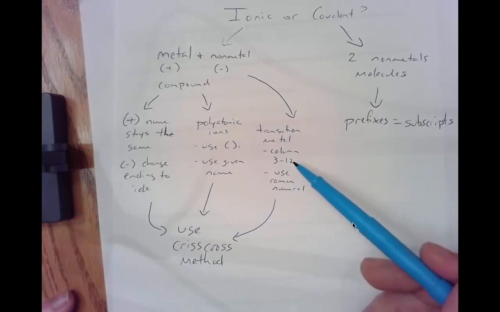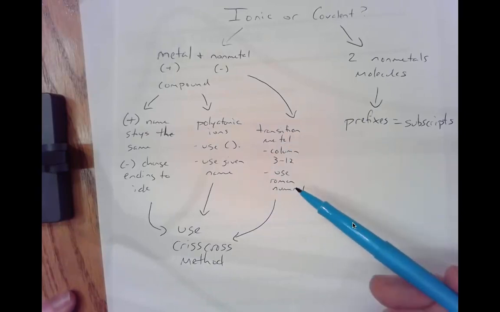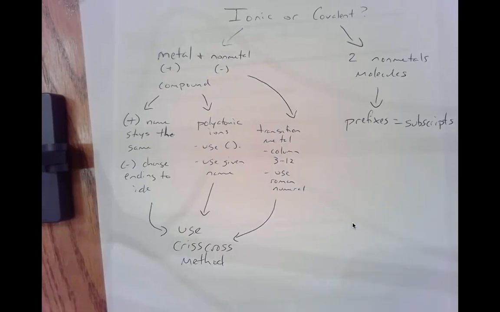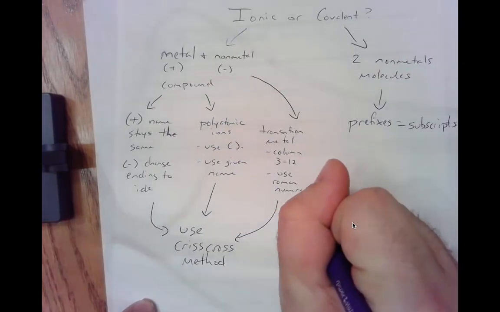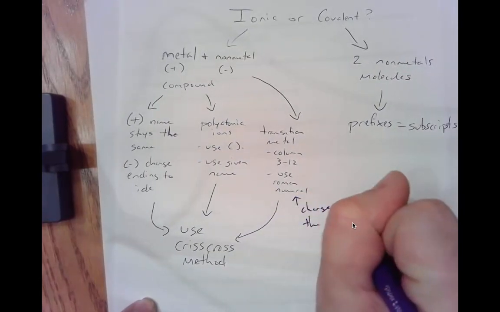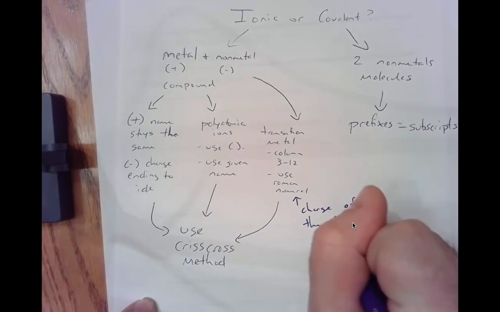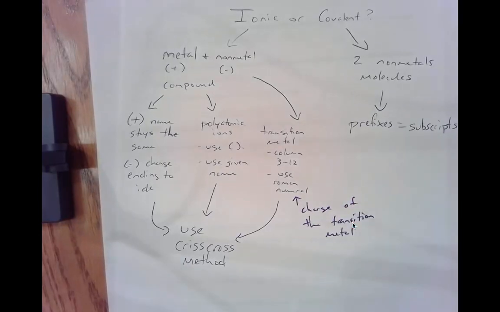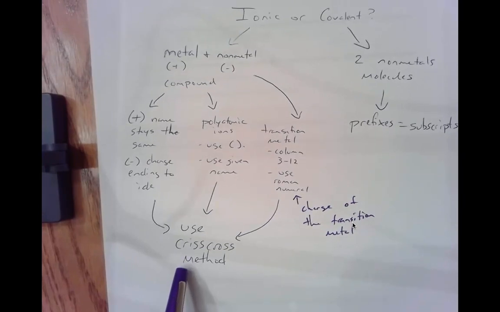Transition metals are located in columns 3 through 12, and we use Roman numerals. Those Roman numerals tell us the charge of the transition metal. Anytime you have an ionic compound, you will have to use the crisscross method. I'll review the crisscross method a little bit later in this video.